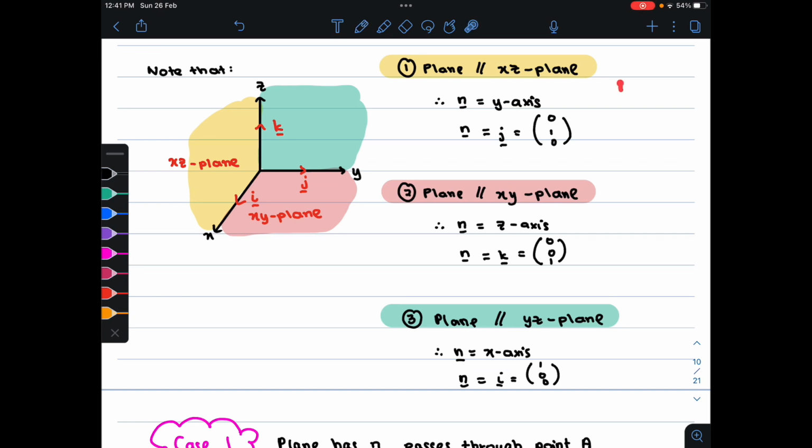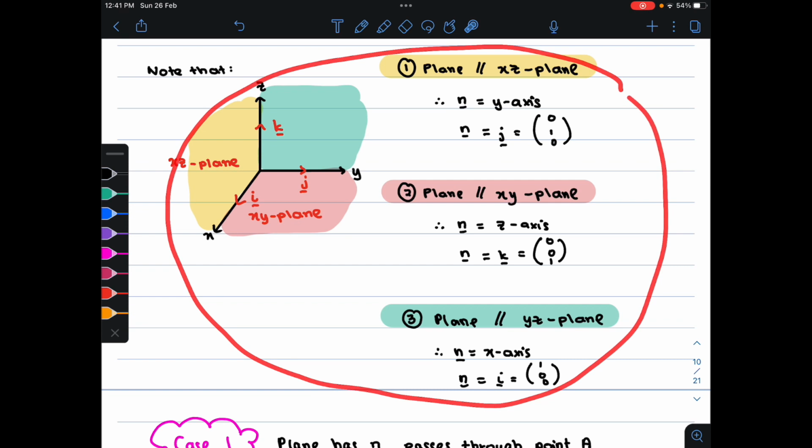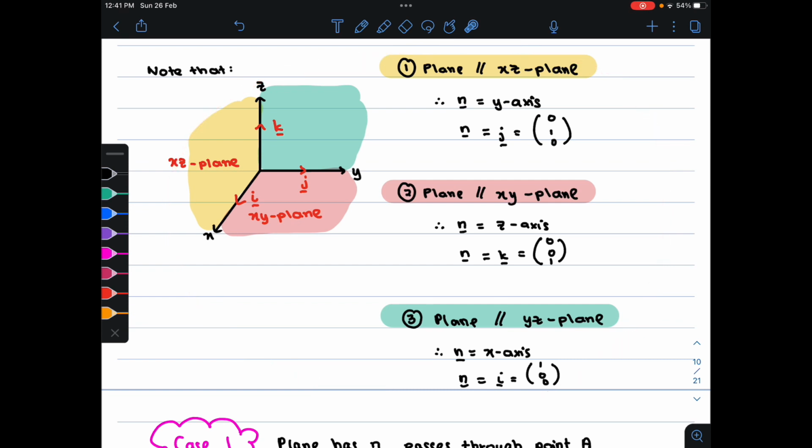So say that you're struggling to remember the normal vector for any plane that is parallel to the xz plane, or maybe the xy plane, or maybe the yz plane. Just look at the letter that is missing from your plane. If your plane is parallel to the xy plane, therefore the letter that is missing from here is z.